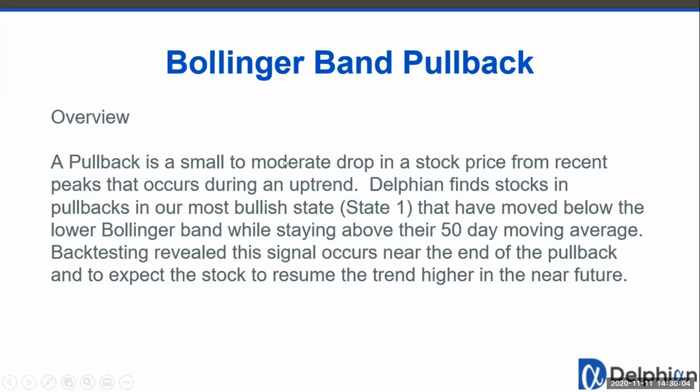So this is just a small drop in stock price from peaks. It's still in state one, still in that general uptrend, but it just had a minor pullback while still in that state one. And it's also above the 50-day SMA.